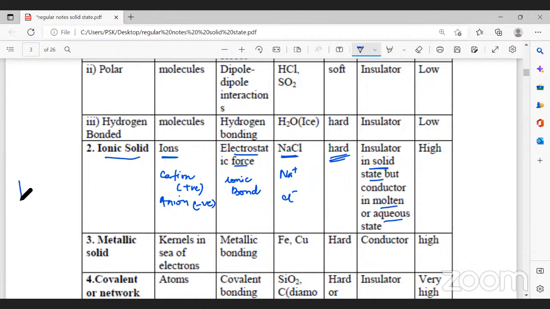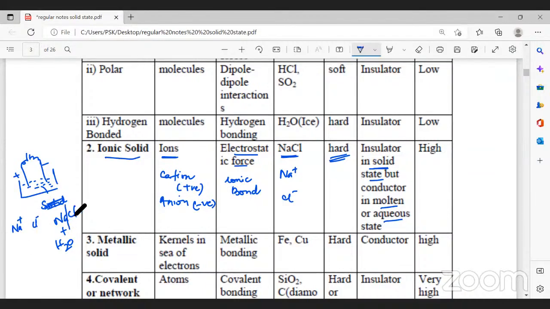Last class, I told you, if you take a beaker with solid sodium chloride, and immerse 2 electrodes, positive electrode and negative electrode, connected to the power supply, switch on the power supply, and if I ask you to put a hand inside, what happens? There won't be any shock. But if you add water to the salt, it becomes aqueous NaCl. In aqueous NaCl, the sodium chloride will dissociate to form Na plus and Cl minus.